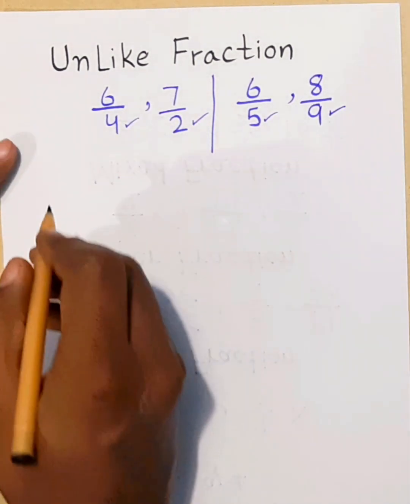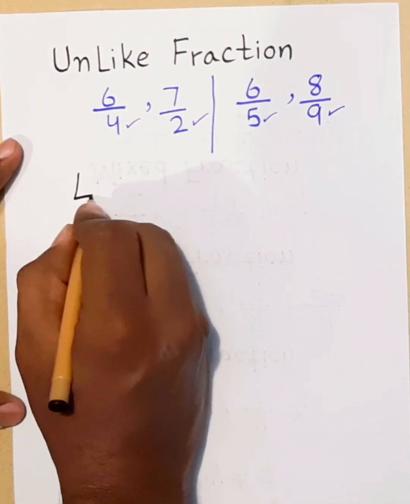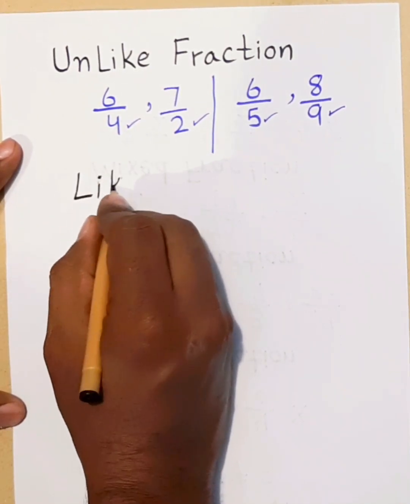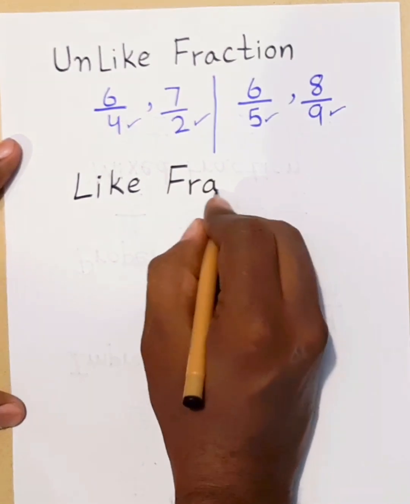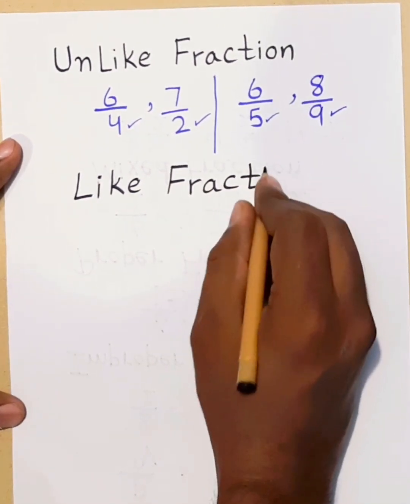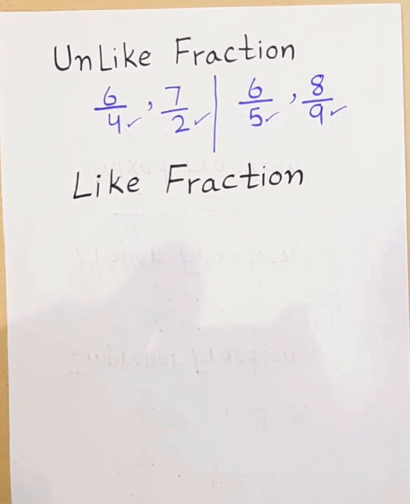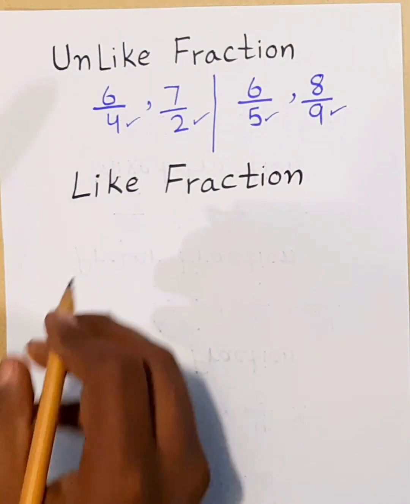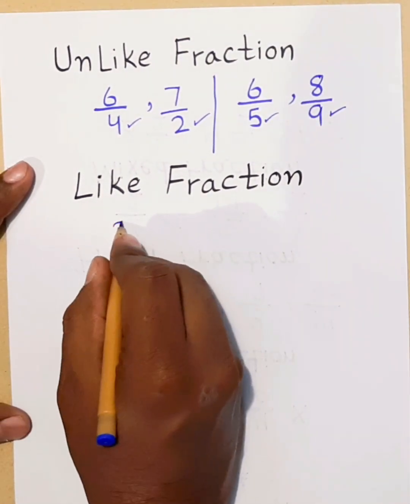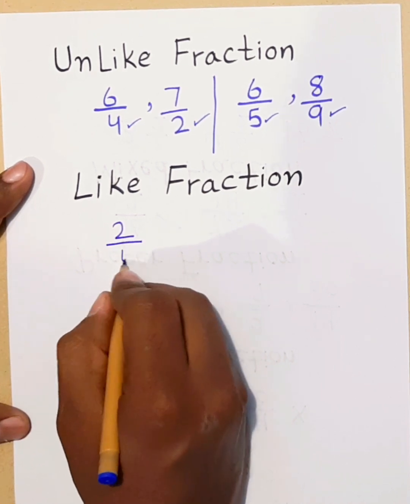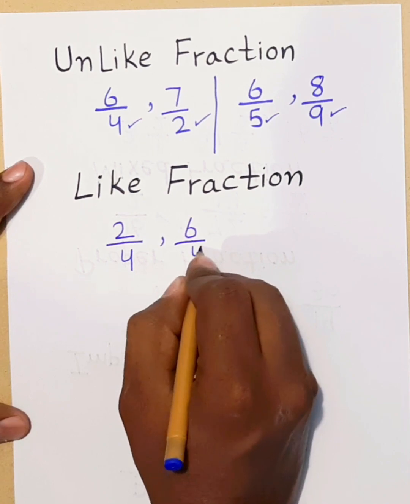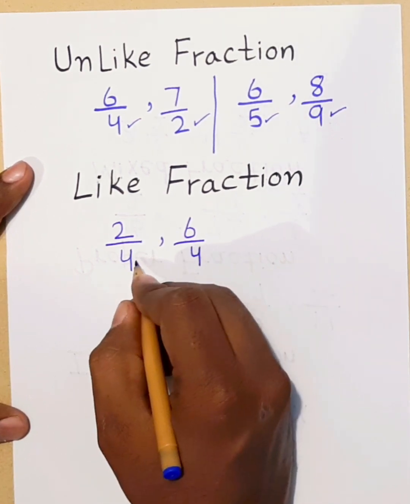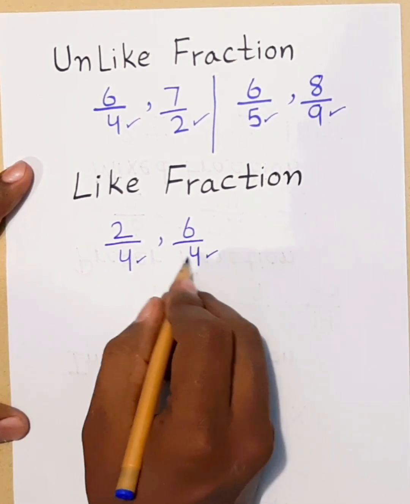Now, what is a like fraction? Very easy. You can guess it. Like fraction. You can write 2 upon 4 and 6 upon 4. You can easily see that 4 and 4 are common there.